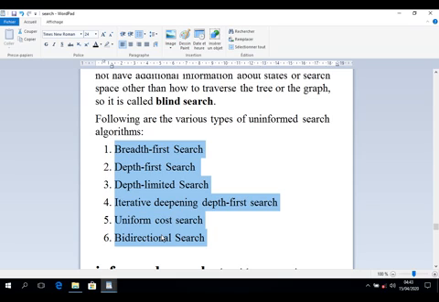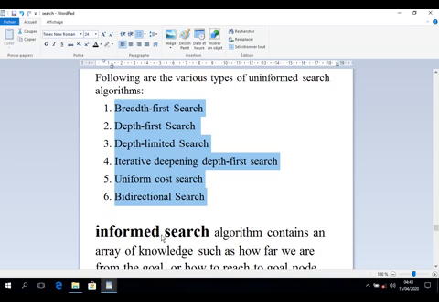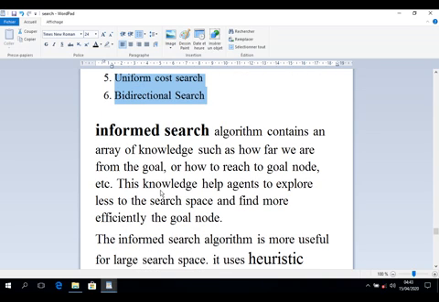You can traverse the entire tree or the entire graph to search for the goal state. Now, there are various types of uninformed search algorithms, like the breadth first search, the depth first search, the depth limited search, the iterative deepening depth first search, the uniform cost search, the bidirectional search.